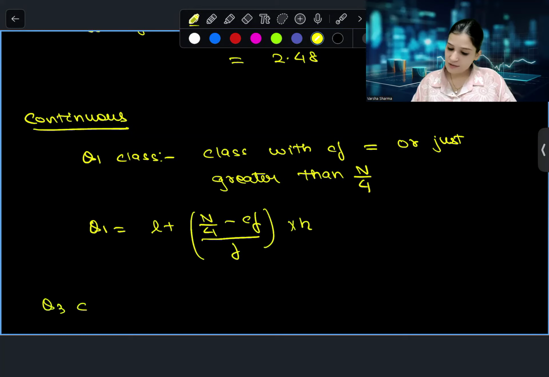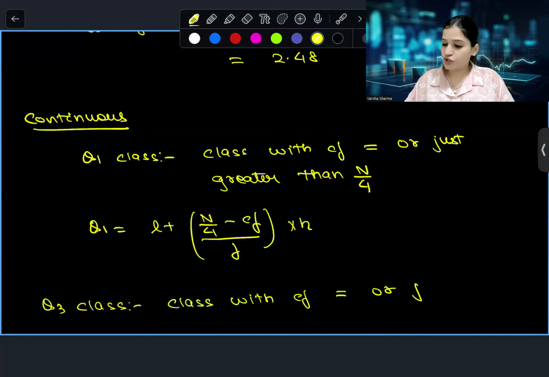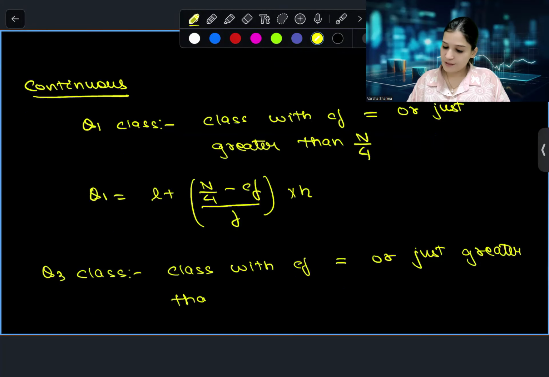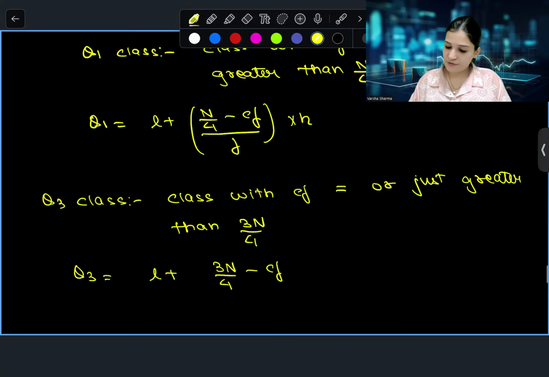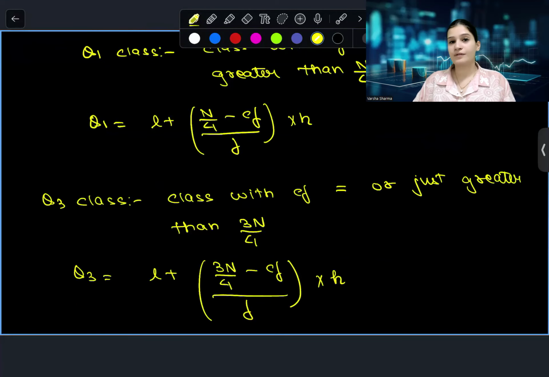For Q3 class, it is the class with cumulative frequency equal or just greater than 3n by 4. So Q3 is L plus (3n by 4 minus Cf) by f into h.